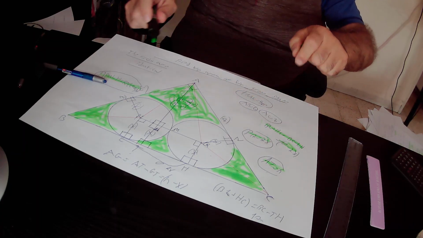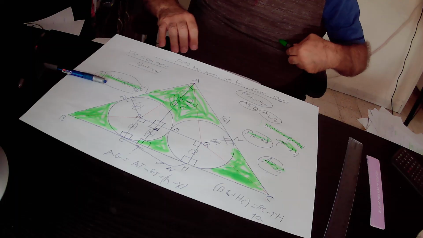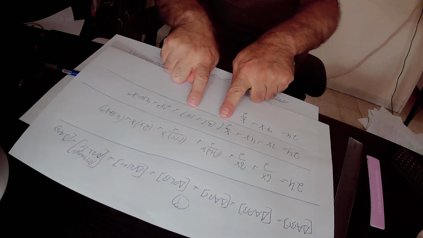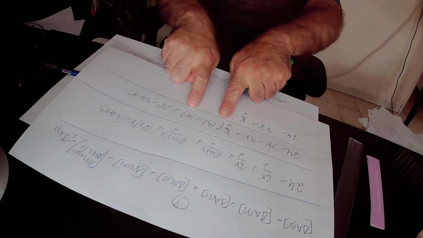So we can substitute BL plus HC in this equation by 10 minus 2x.